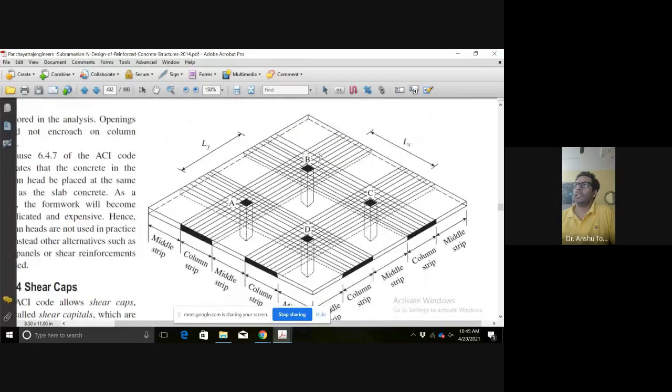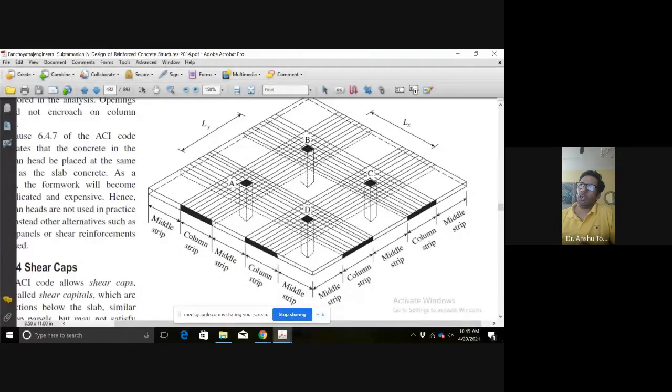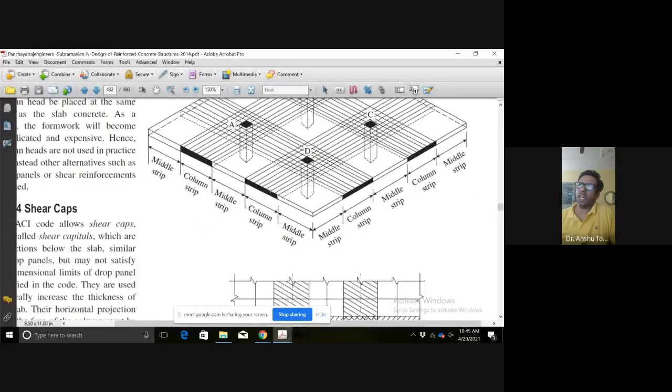Here you can see that this is one direction. This is how we do the proportioning of the column strip and the middle strip in each direction.